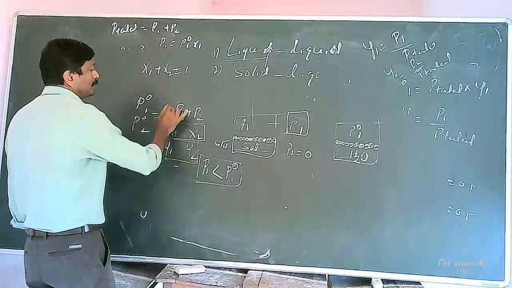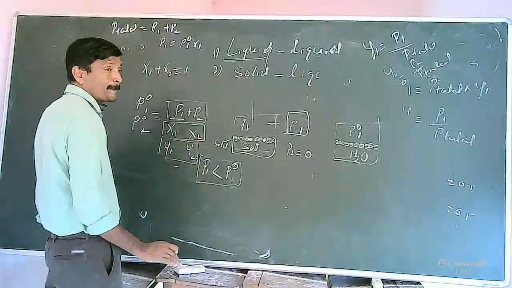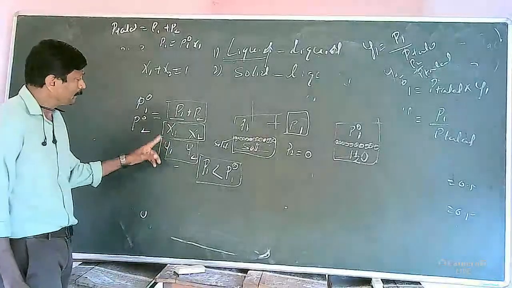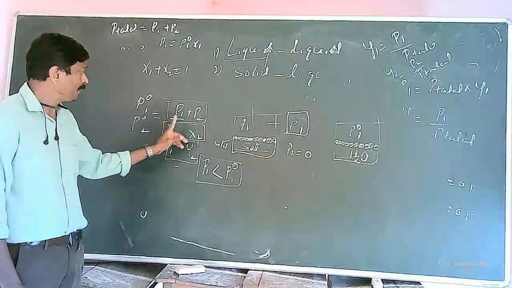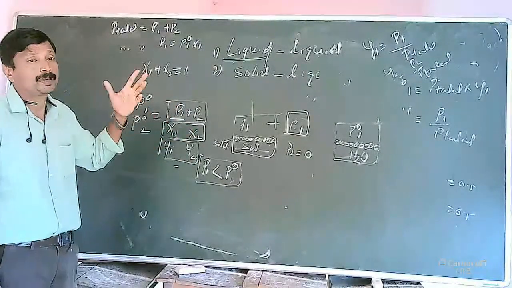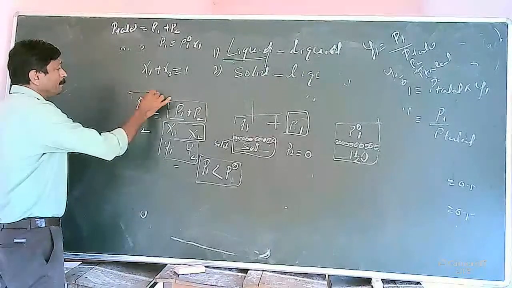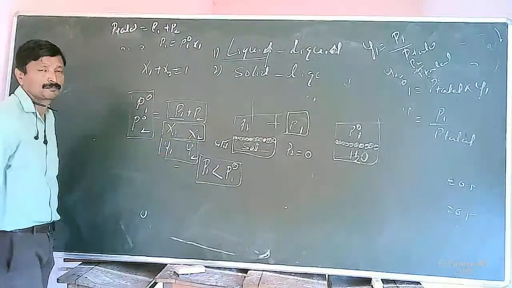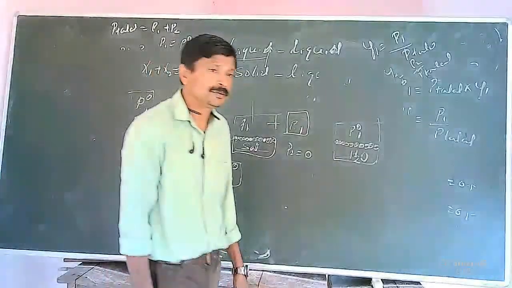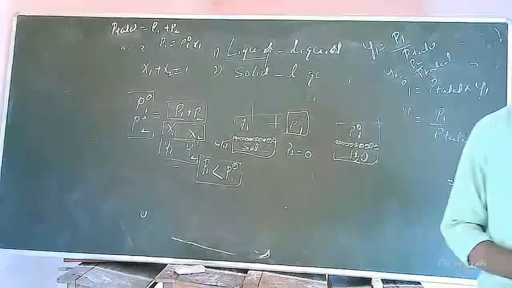You can calculate Y1, Y2, X1, X2 and P total, provided they give P01, P02, X1 and X2. So this is the vapor pressure of the solution.